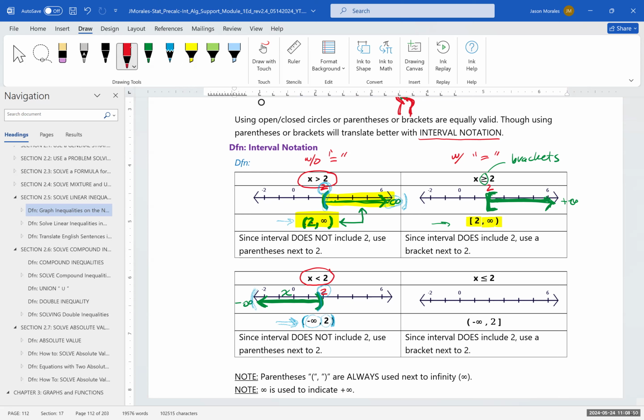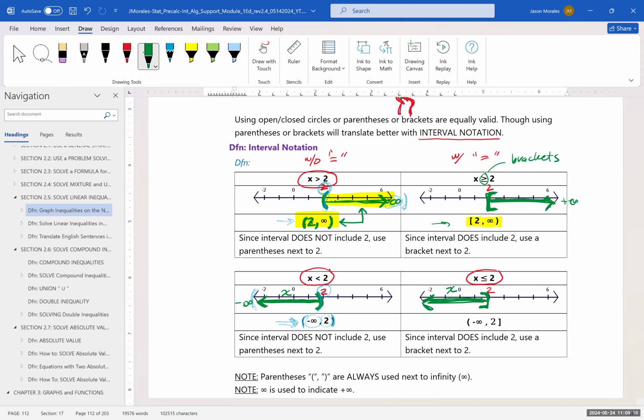When we look down here at x less than or equal to 2, here's 2 on the number line. We want values of x that are less than 2, so we're going to have this arrow. Not only do we want values less than 2, but we want values that also equal 2, so now we're going to put in a right bracket.